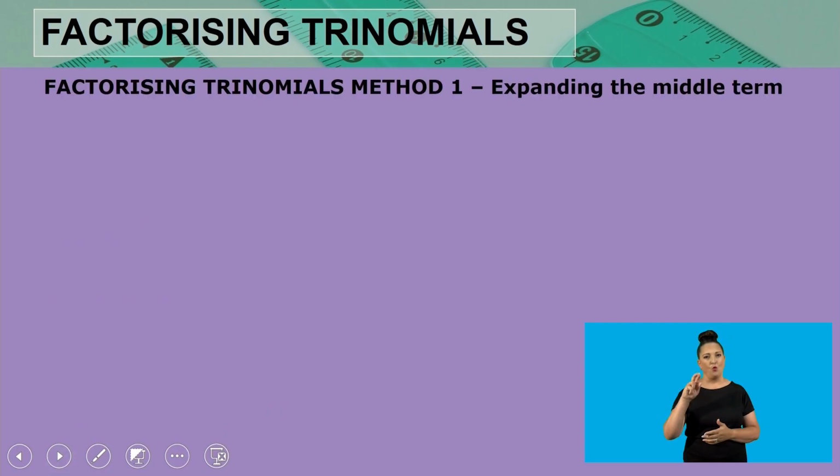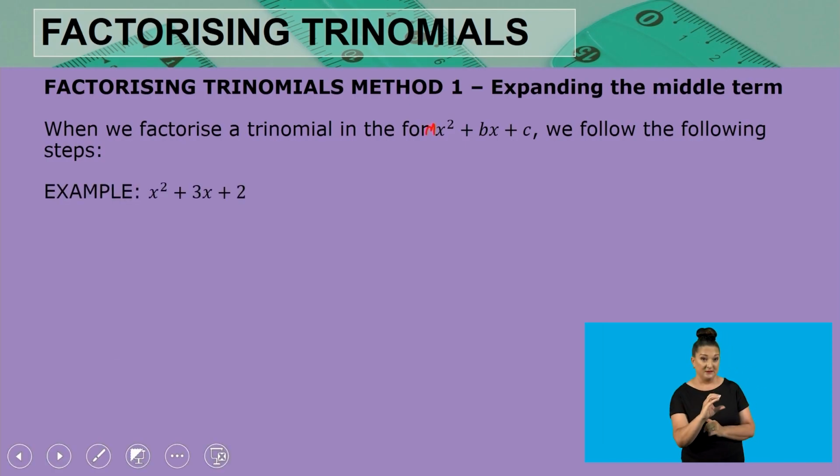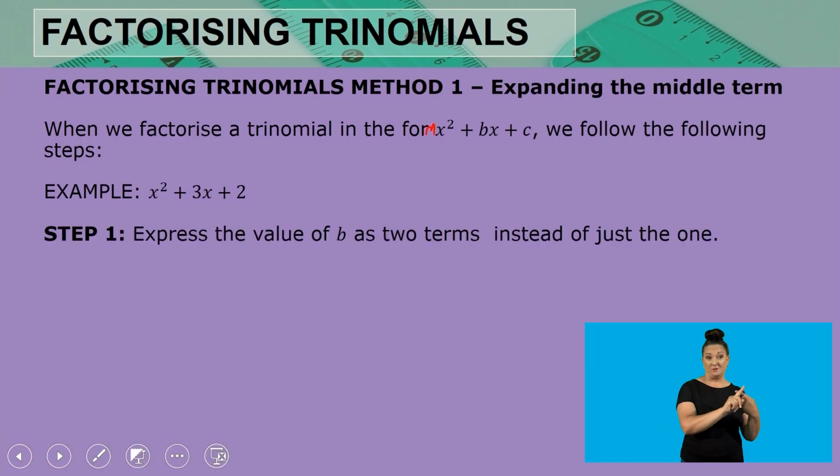So factorizing trinomials method number one is expanding the middle term. When we factorize a trinomial in the form x squared plus bx plus c, we follow the following steps. An example here is x squared plus 3x plus 2. Step number one, we are going to express the value of b as two terms instead of just one.